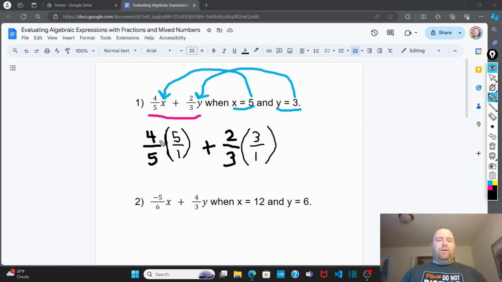So what happens here is we get the 5's canceling out. We can just replace these with 1 and 1, and the 3's canceling out here, and we can replace that with 1 and 1 as well.